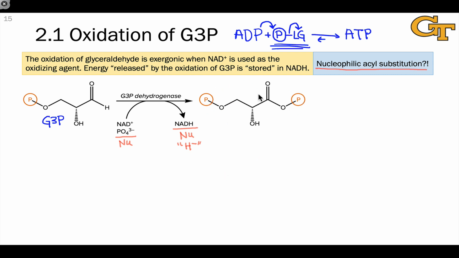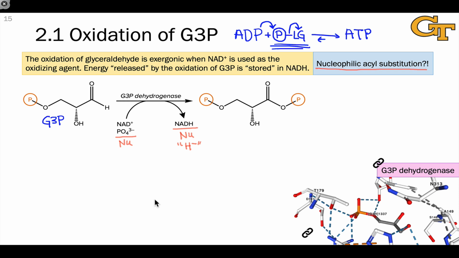But before we talk in more detail about that, let's look a little bit more in detail at G3P dehydrogenase, the enzyme that catalyzes this process. Here's the enzyme's active site, and we can see the usual smorgasbord of intermolecular forces holding the anionic phosphate group in place and interacting with the aldehyde carbonyl group, for example. There are all kinds of intermolecular forces that hold the substrate in place.